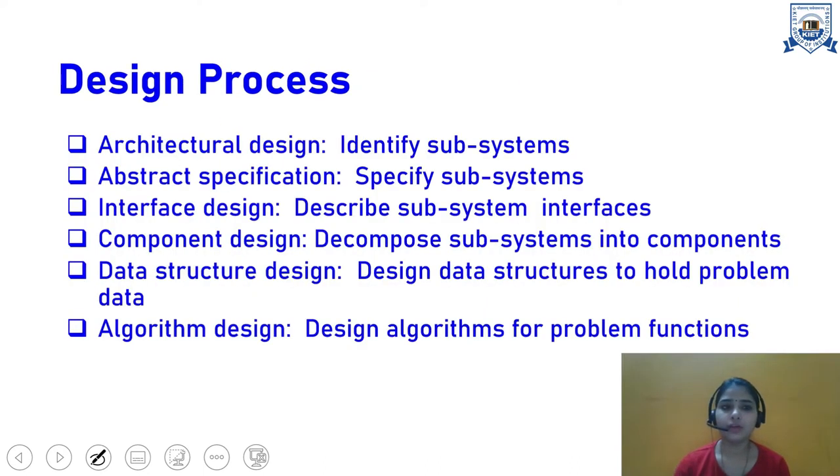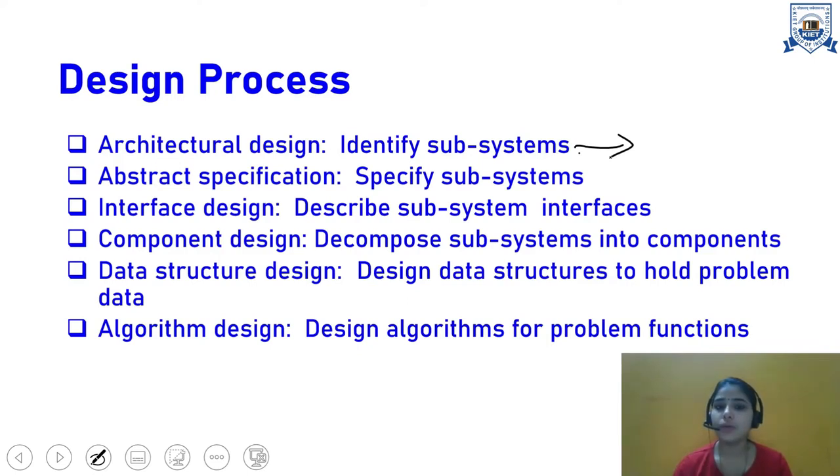In the design process, architectural design is to identify the subsystem, that means the overall structure. Abstract specification is to specify the subsystem. Subsystem is, I'm saying, a module. Interface is how the subsystems will interface with each other.